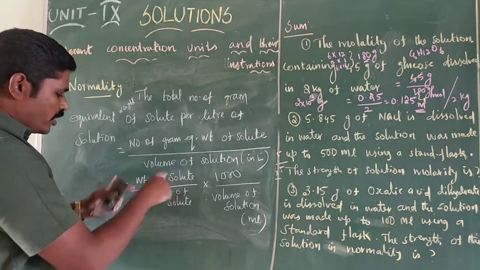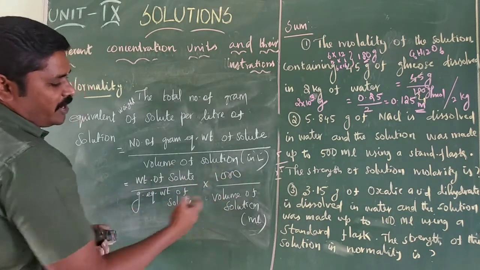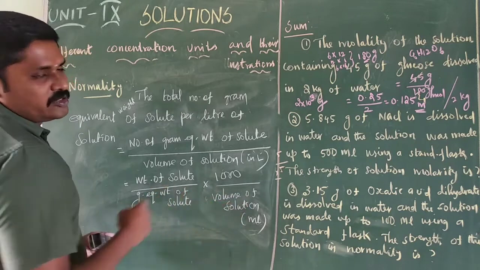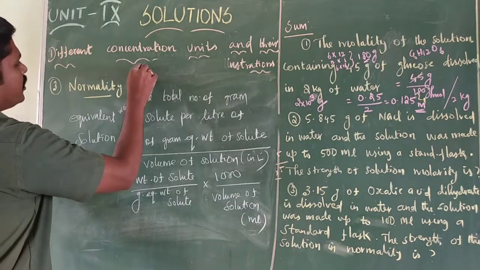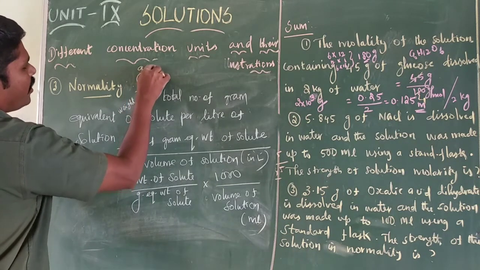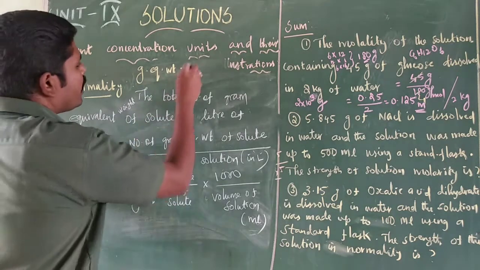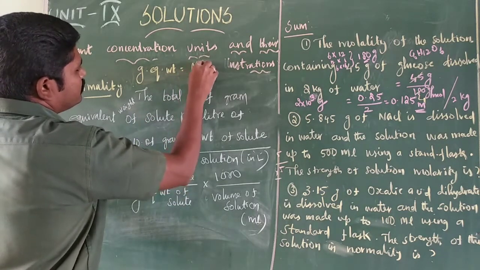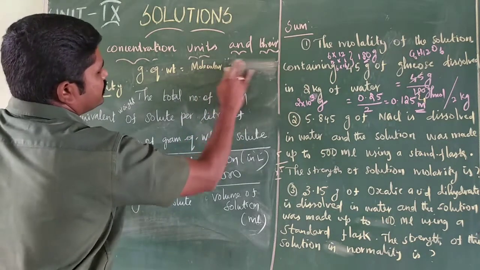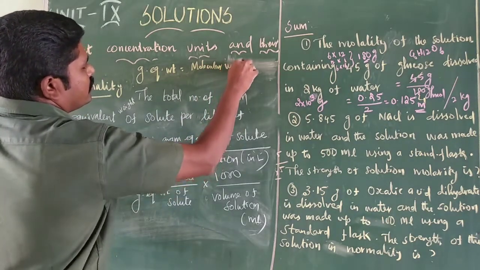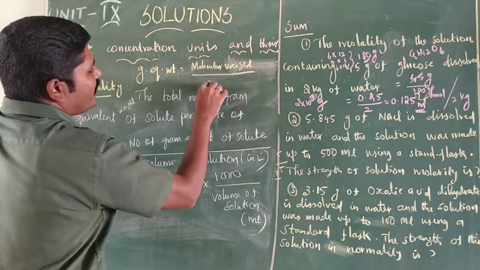So normality is the number of gram equivalent weight of solute divided by volume of solution in liter, or the weight of solute divided by gram equivalent weight of solute into 1000 divided by volume of solution. The gram equivalent weight is equal to the molecular weight divided by valency.